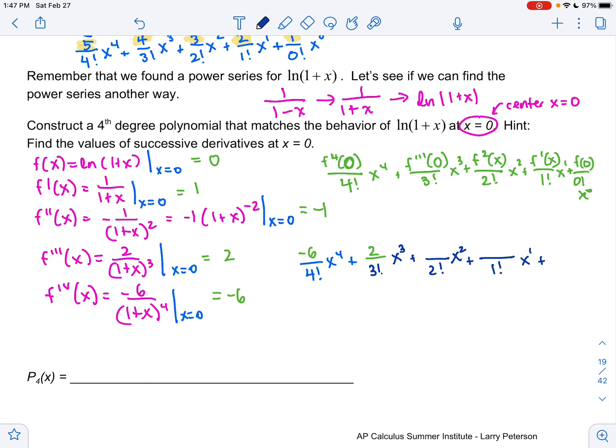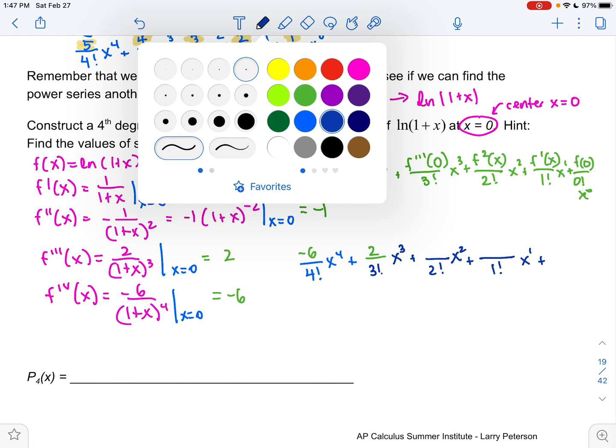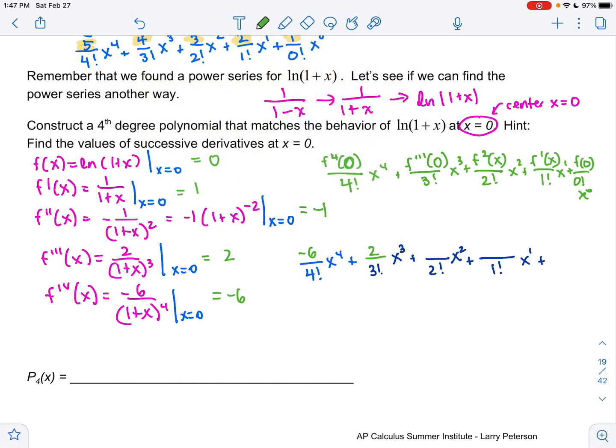And in green, I'm going to put all of the derivative values that I got.